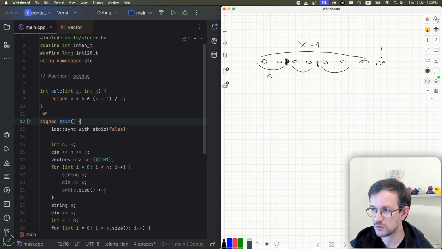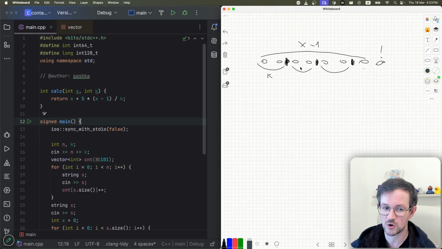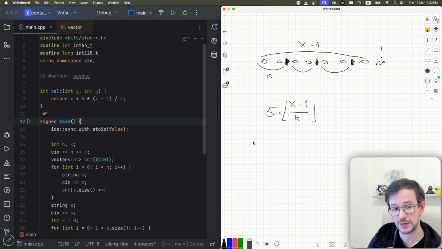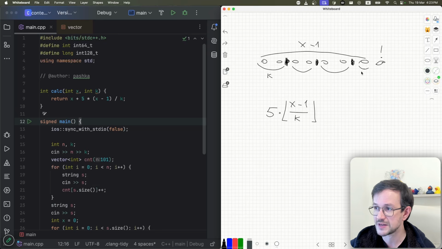Here you wait, here you wait. So the total number of times you wait 5 seconds is X minus 1 divided by K, floor. Yes, floor, because if I make less than K tries at the end, I don't need to wait. So that's the formula.